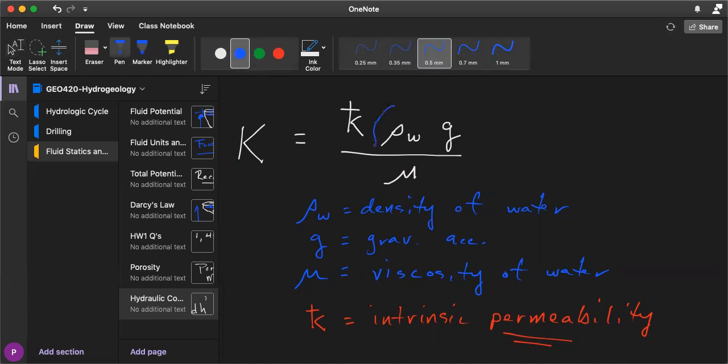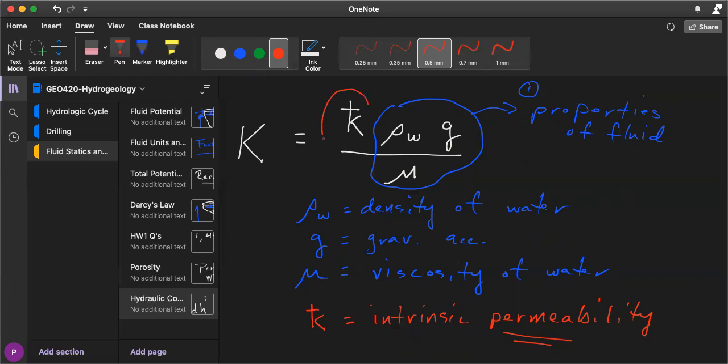This first section here, we can think of as properties of the fluid. All right, so here it's water. Now this guy here, this intrinsic permeability is independent of the fluid and is really just a property of the rock. So this is the property of the media.